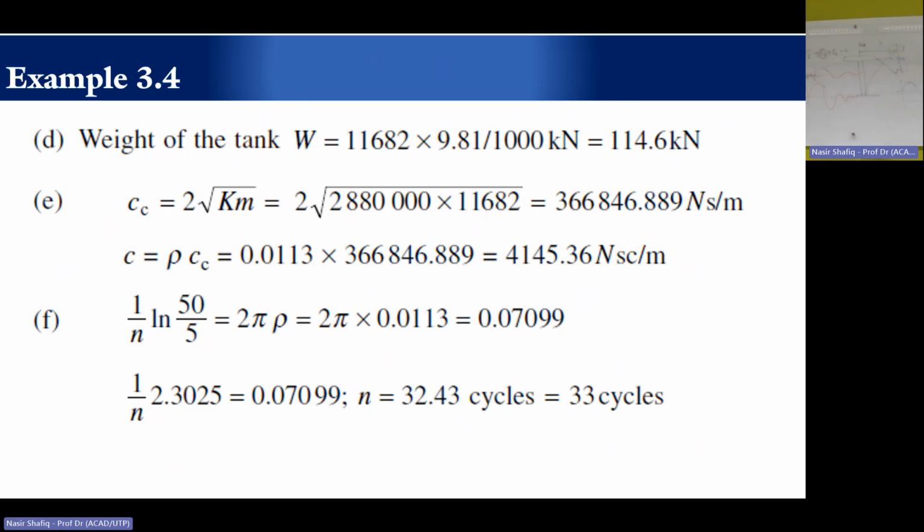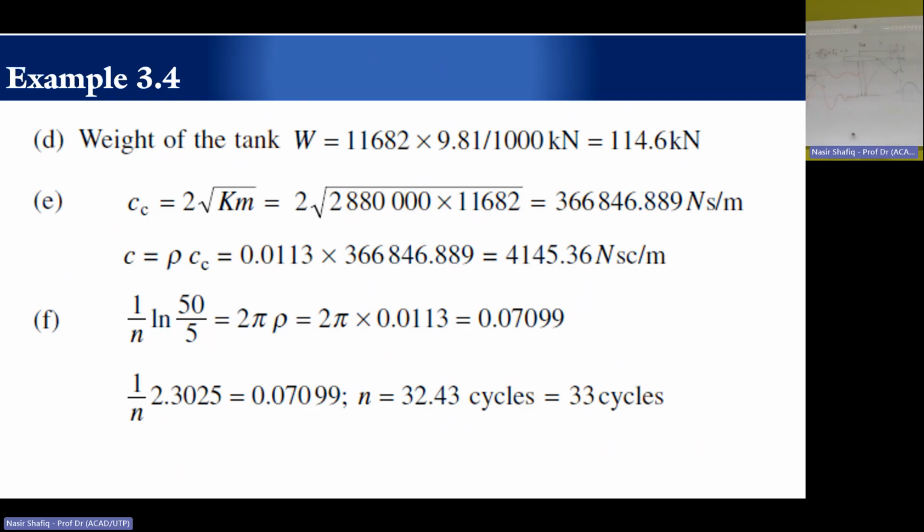Again, from 1 upon n, how many cycles from 50 mm to 5 mm? Because 0.05 is the start, it will go to 5 mm or 0.005 meter.